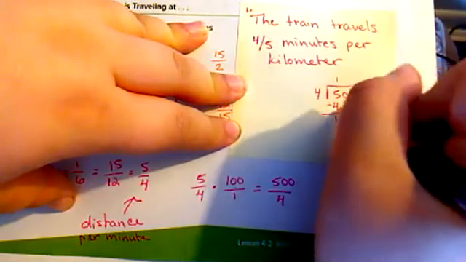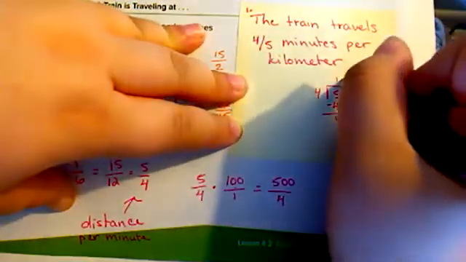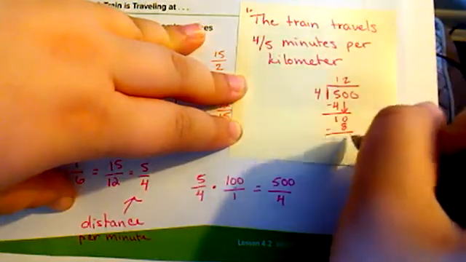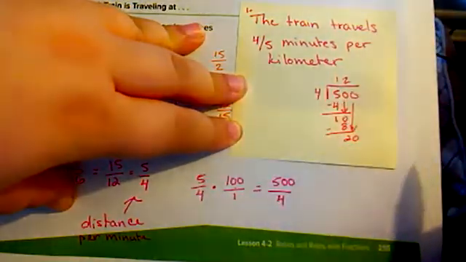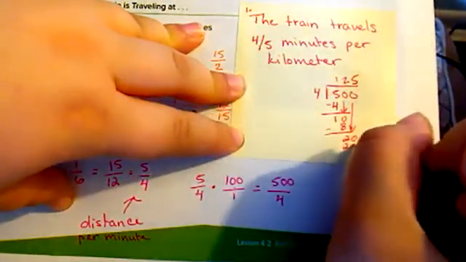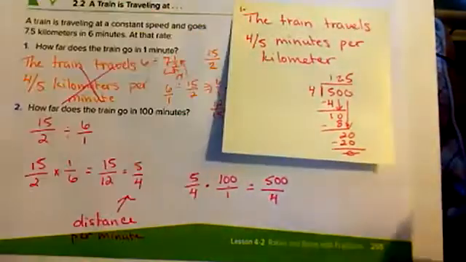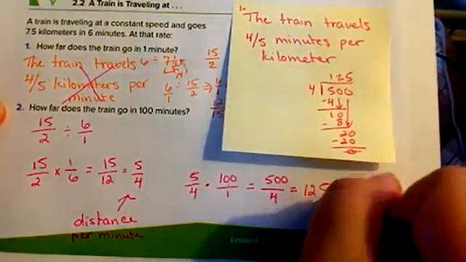We subtract, we have 1, 10. 4 goes into 10 2 times. We have 8, 2 left over. 4 goes into 20 5 times. So this is going to simplify down to 125.